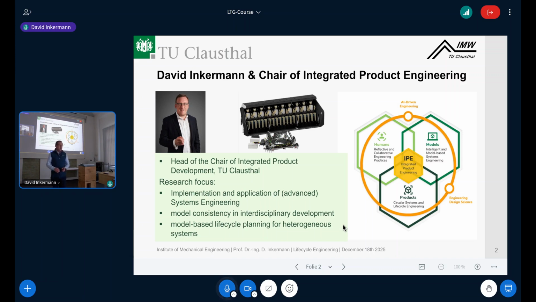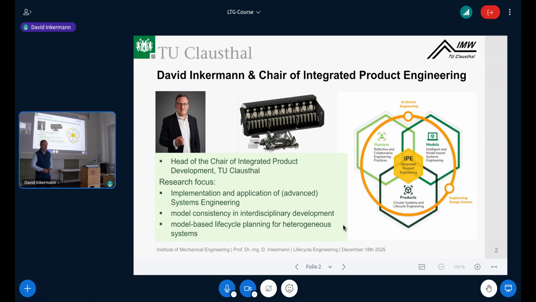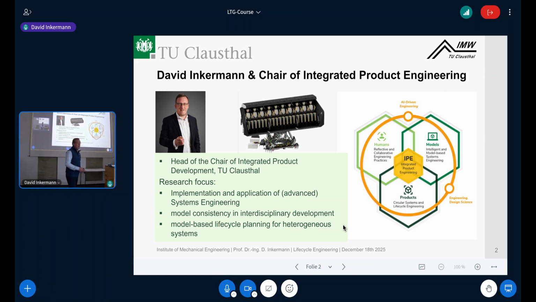Okay, yeah, some short words about my person. My name was also written on this title slide. So David Inkermann, my background is in mechanical engineering. I think you have different lectures from different fields, so my one is mechanical engineering. I studied at TU Braunschweig, and then 6 years ago I was appointed here in Clausthal.